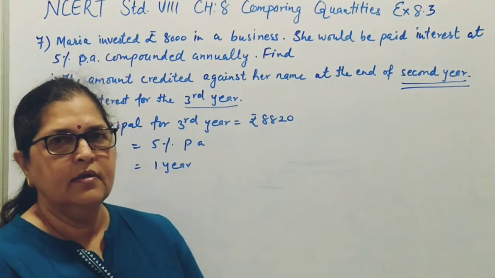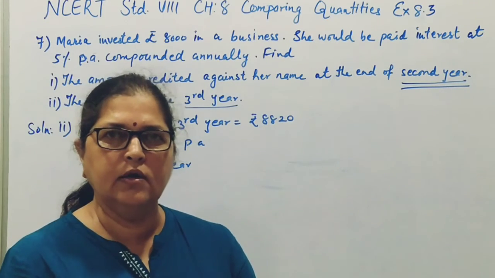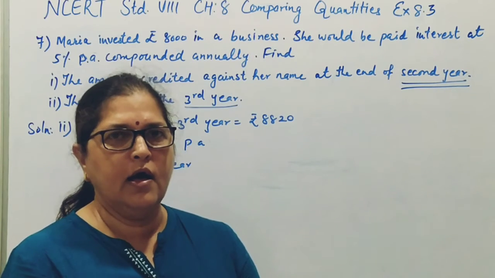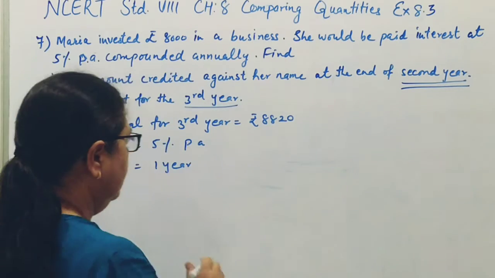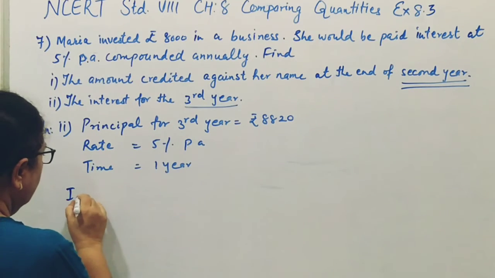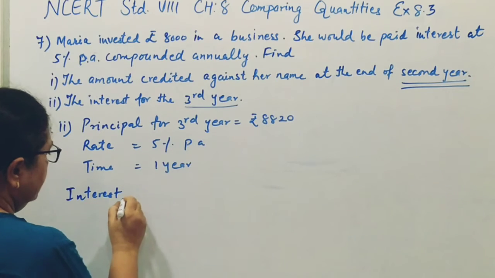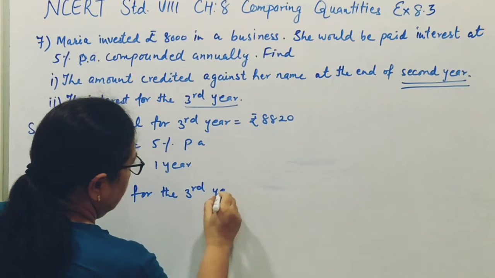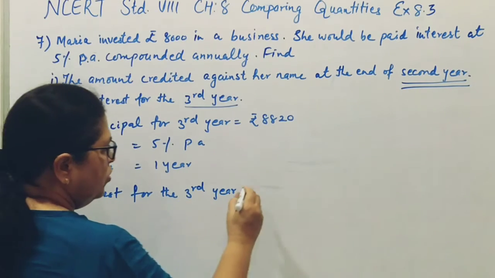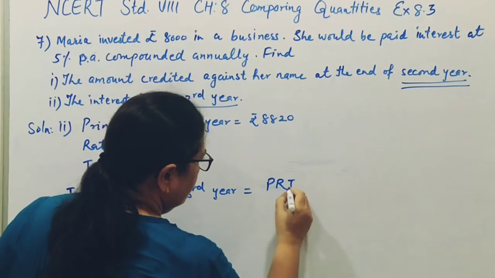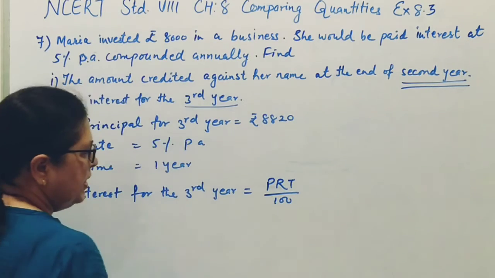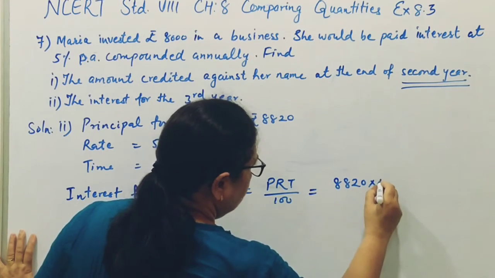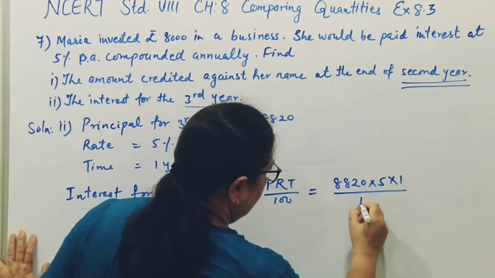And we know that simple interest and compound interest, if compounded annually at the same rate of interest, are same for 1 year. Therefore, interest for the third year can be calculated using simple interest method, that is PRT upon 100. So it will be 8,820 into 5 into 1 upon 100.